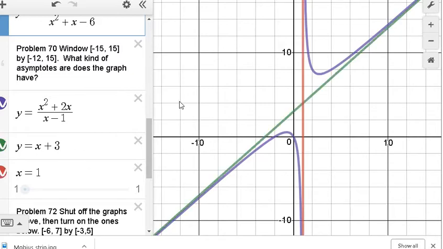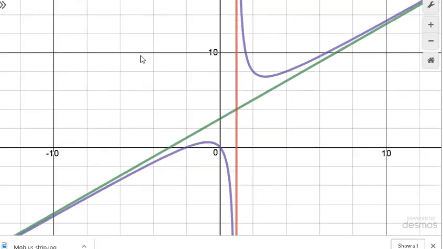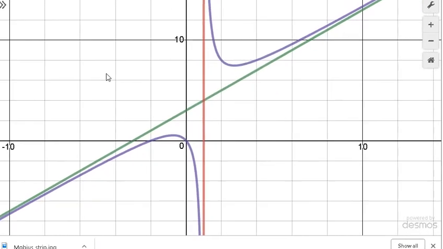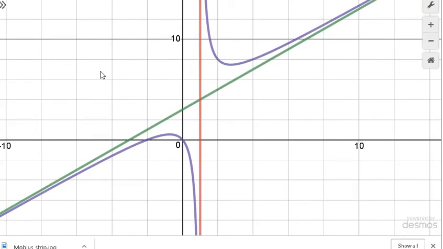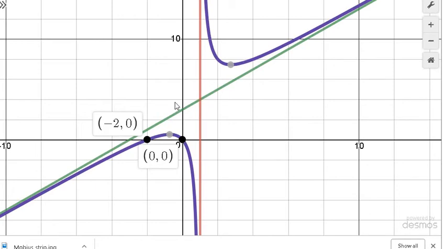And here's your oblique asymptote. So, yeah, it kind of matches along with everything we expected. Now, it doesn't have a horizontal asymptote at all, does it? The asymptote that it approaches is kind of on a slant, hence the name. But other than that, it looks pretty good. We've got your Y-intercept here, X-intercept here, vertical asymptote, slant asymptote. Looks pretty good.